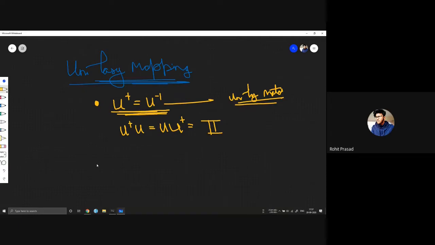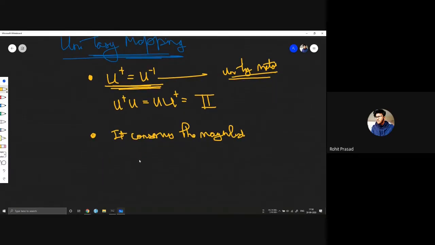The second property it holds is that it conserves the magnitude of the vector it's transforming. So say you have a state q which is defined as 1 by root 2 of 0 plus 1 by root 2 of 1.